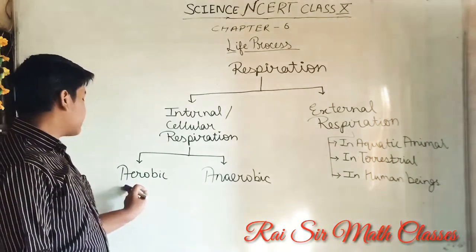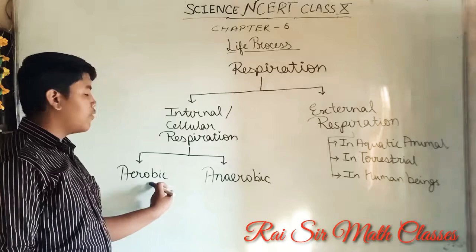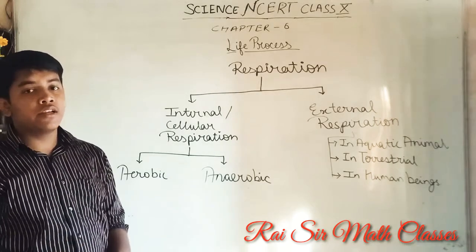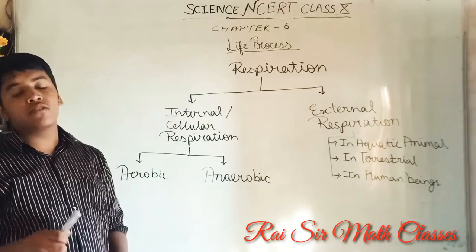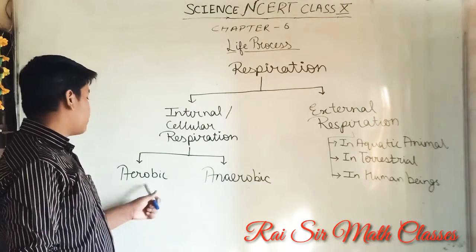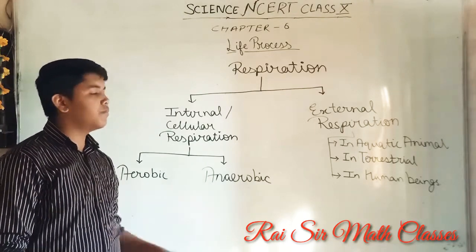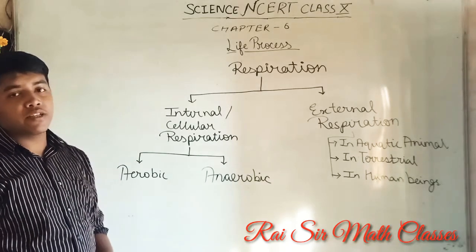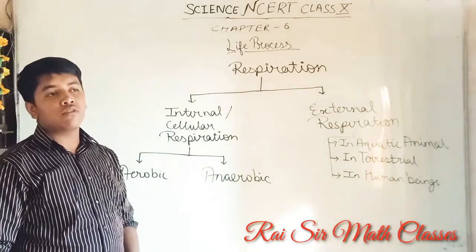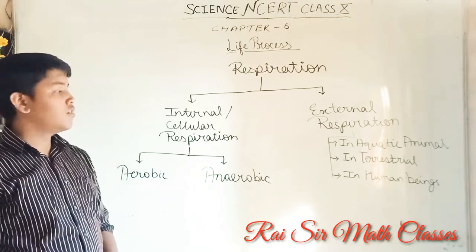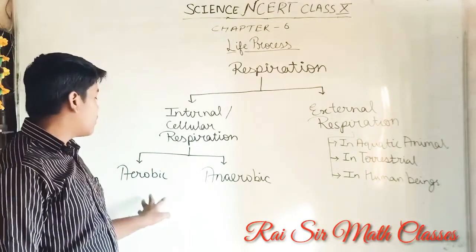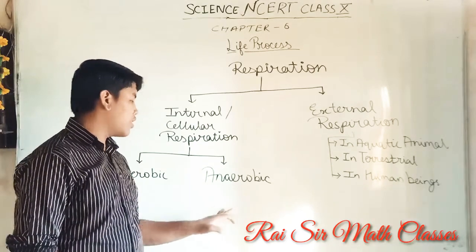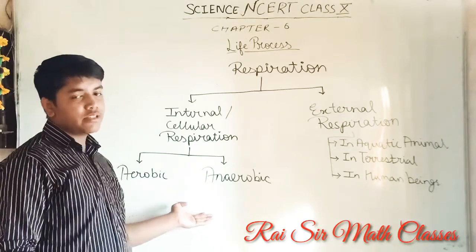Aerobic, here we can say that the word aero means air. So the respiration which is done in the presence of air is known as aerobic respiration, and anaerobic means respiration which does not involve oxygen. Now we are going to learn the basic differences between aerobic and anaerobic respiration.